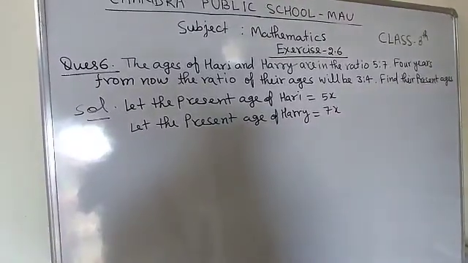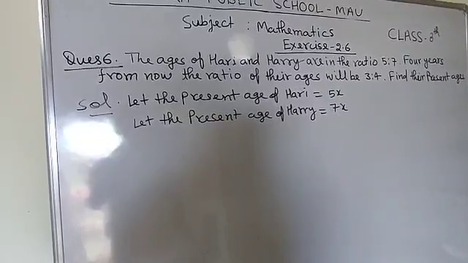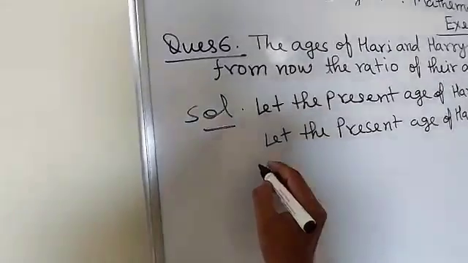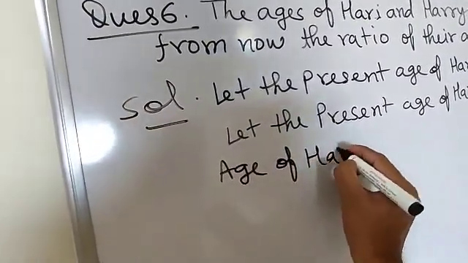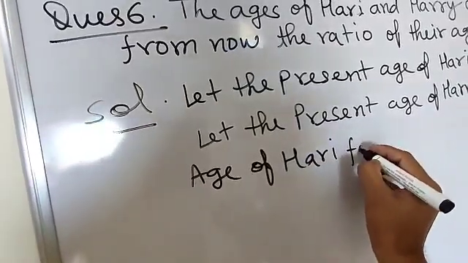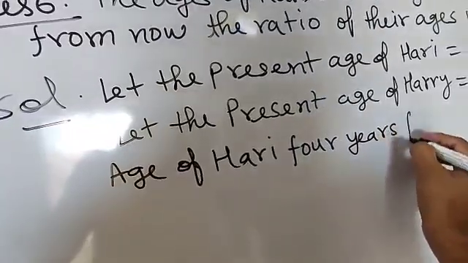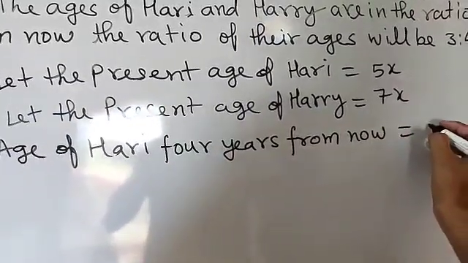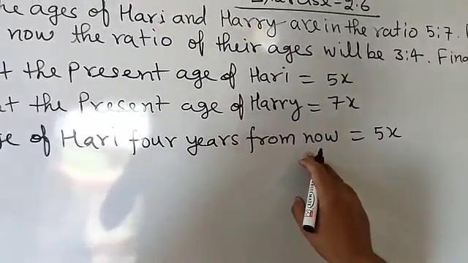Now 4 years from now, it means the ratio 3:4 is the ratio of the ages after 4 years. So age of Hari 4 years from now is equal to, if present age is 5x, so what will be the age of Hari after 4 years?